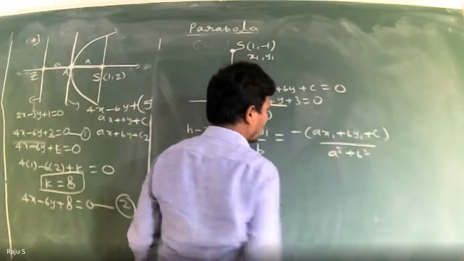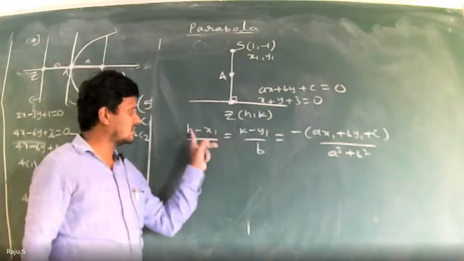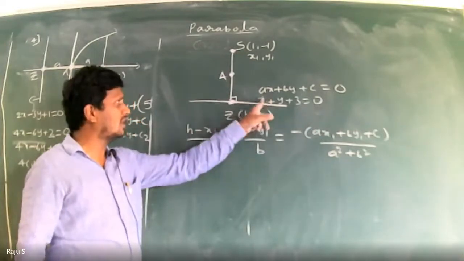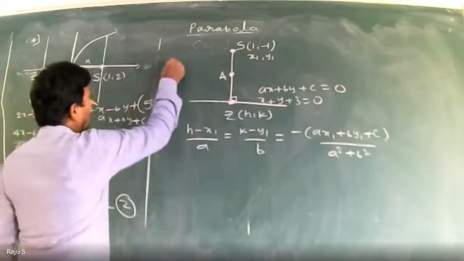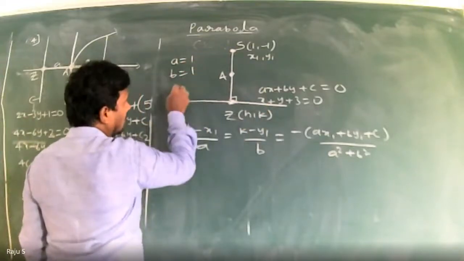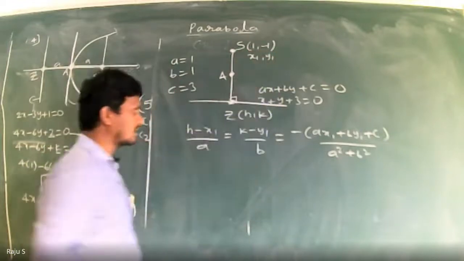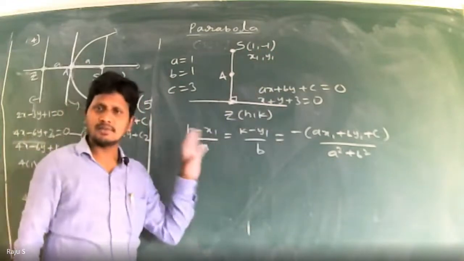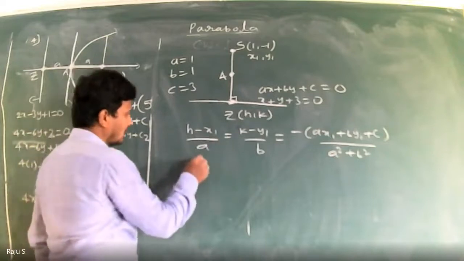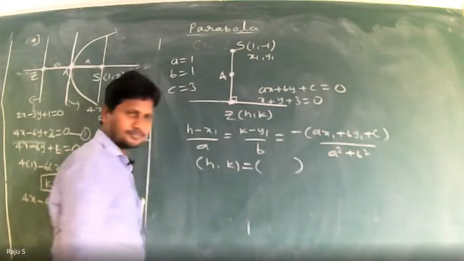Simple, right? Here a is 1, b is 1, c is 3, and x1 is 1, y1 is minus 1. Substitute all values and simplify, and you will get the h value and k value.